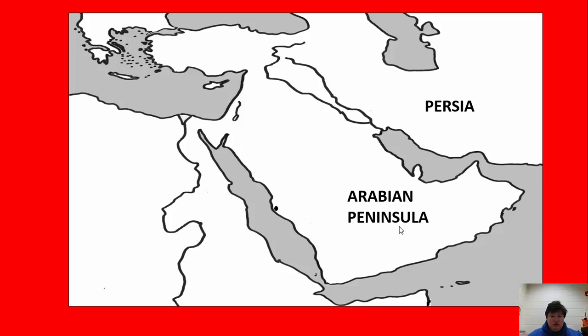The next thing you need to fill in on your map is Syria. It's in the far northern part of the Arabian Peninsula, and it extends north into this other land area.